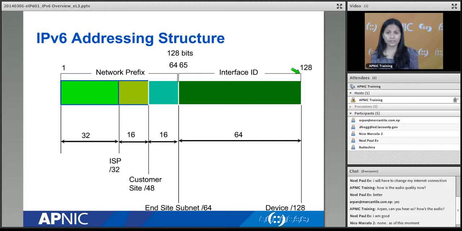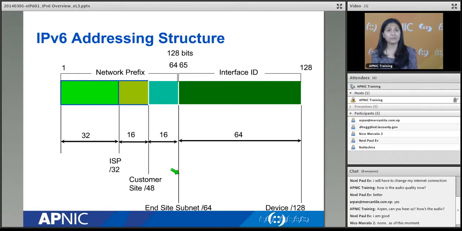Host bits are assigned, of course, to each of the hosts or devices within a subnet, and network bits, the network prefix, is what we assign to a particular subnet. Okay, so similarly, we have this structure in IPv6. We have a network prefix and we have an interface ID. The interface ID part starts at bit number 64.